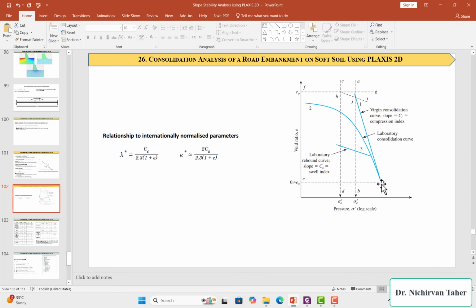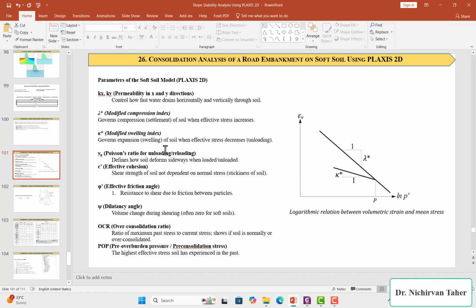These can be found from oedometer test data, and in PLAXIS there are two options. We can input the compression index and swelling index, so the software automatically calculates the other two parameters, which are the modified swelling index and modified compression index.